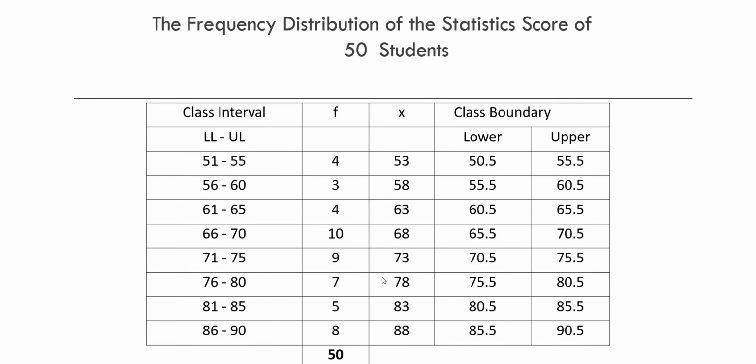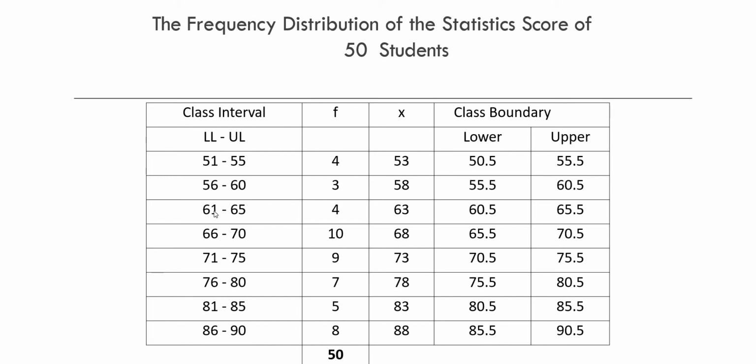Here. This is the frequency distribution of the 50 respondents. So 51, if you remember, for the lower limit and the upper limit, going upward to the upper limit, you have to add 1.